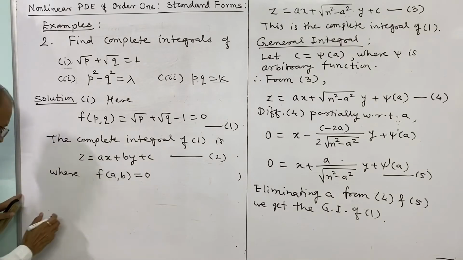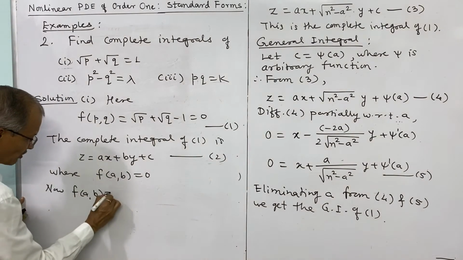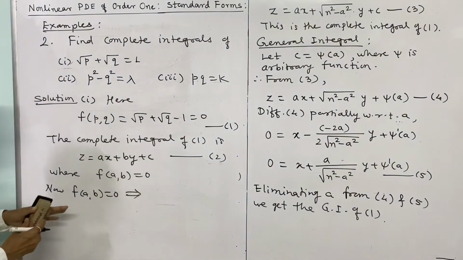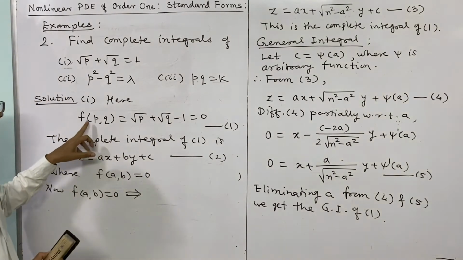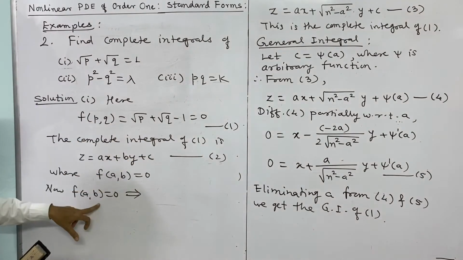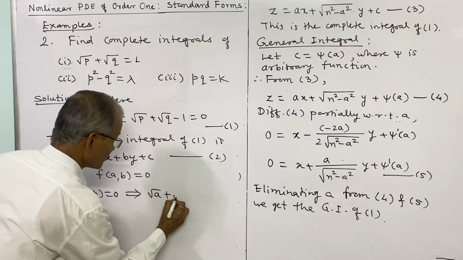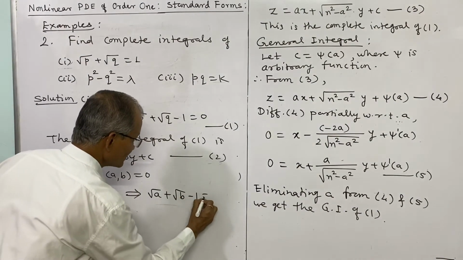Now what the last implies, the function of a and b is 0 means, look at the first equation. The function of p and q is this one. So replace p and q by a and b, and that gives root a plus root b minus 1 is equal to 0.